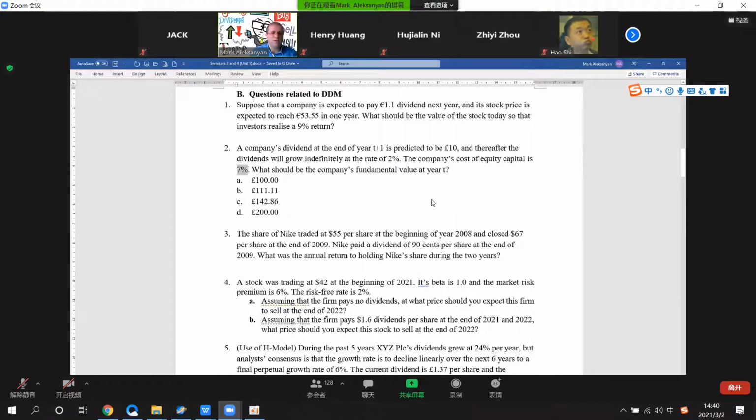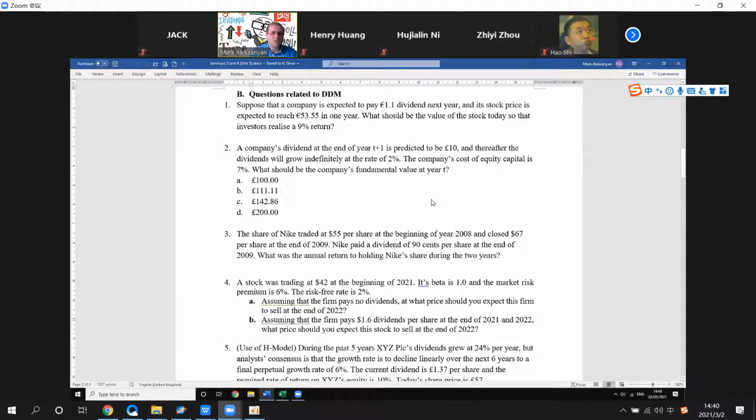What should be your value today? Given that your dividends are growing at a constant rate, you just need to use the Gordon growth model, isn't it? It says value today is equal to your next year's dividend, capitalized at the growth-adjusted cost of equity capital.